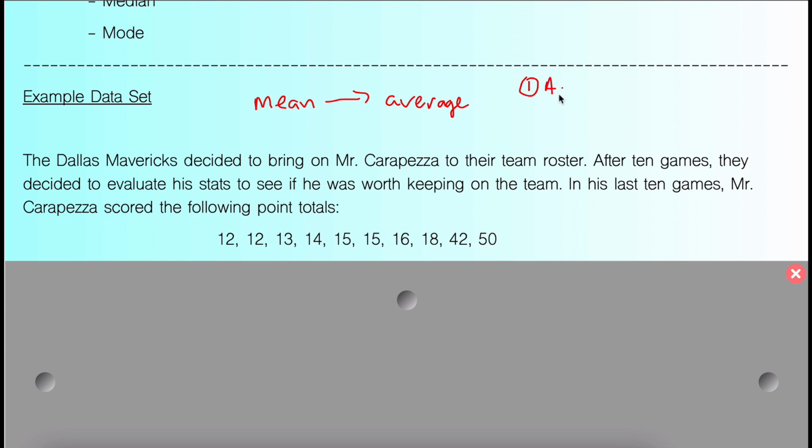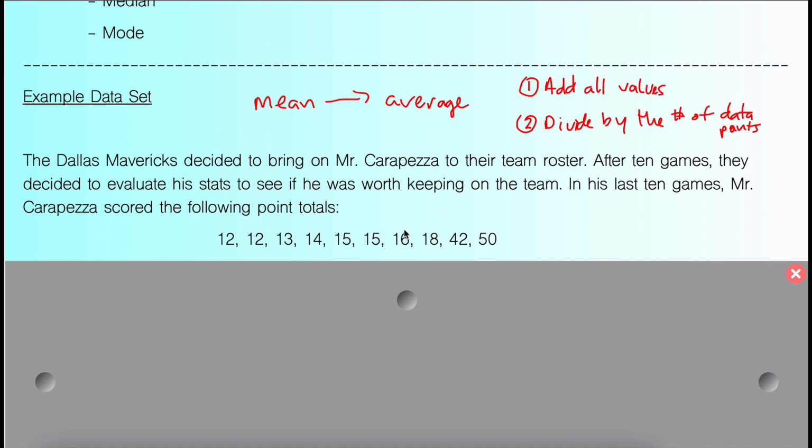Step one, add all the numbers in the data set. So add all values. And then two, divide by the number of data points.